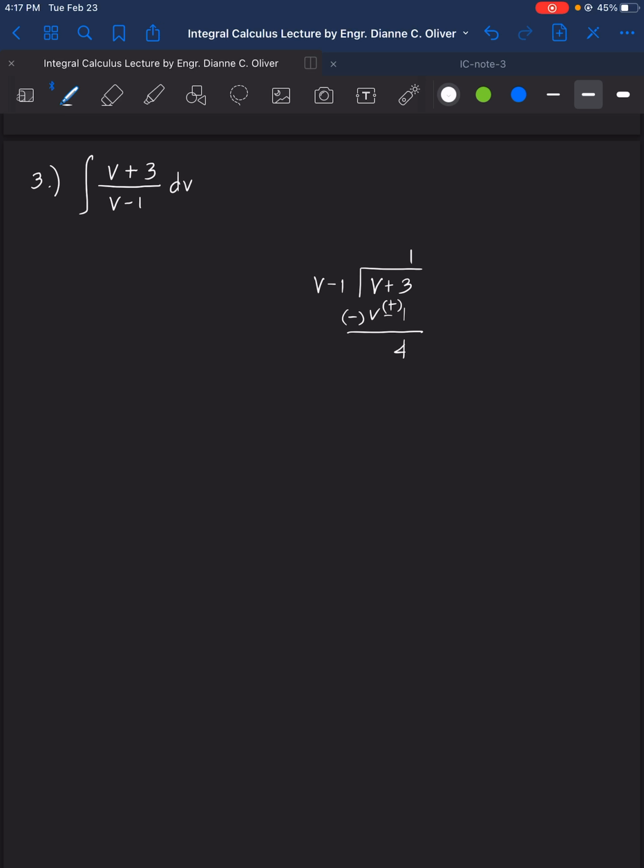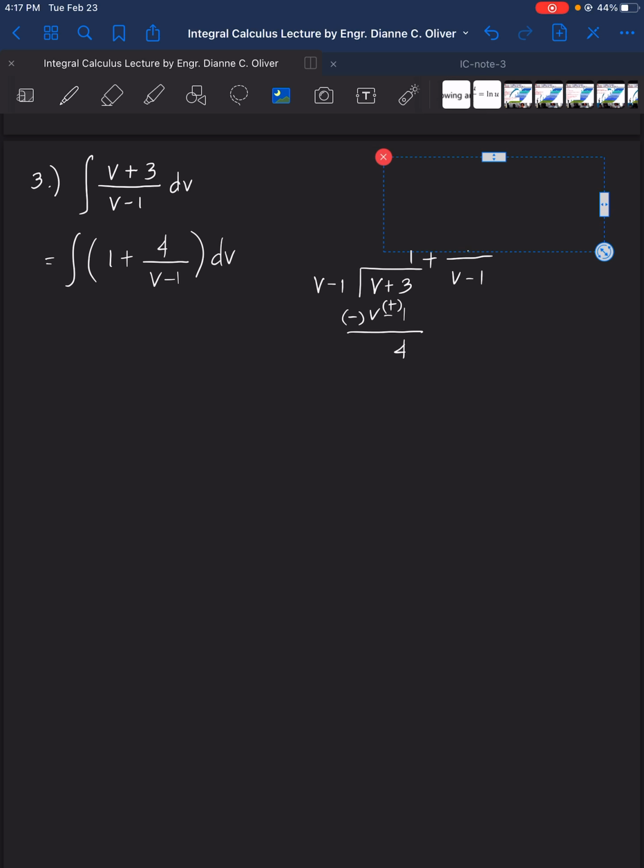Since there's nothing to bring down here, let's have the remainder 4 over v - 1. Okay? So this is similar to the integral of 1 plus 4 over (v - 1) dv.